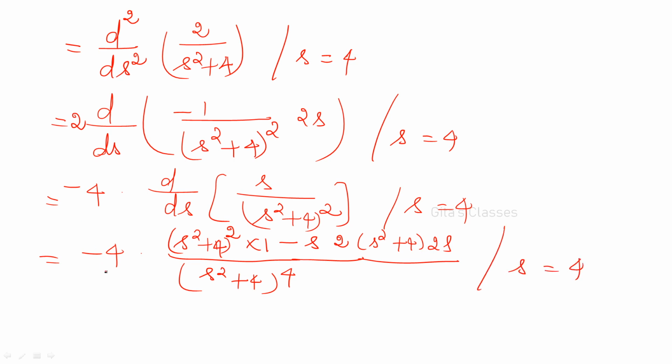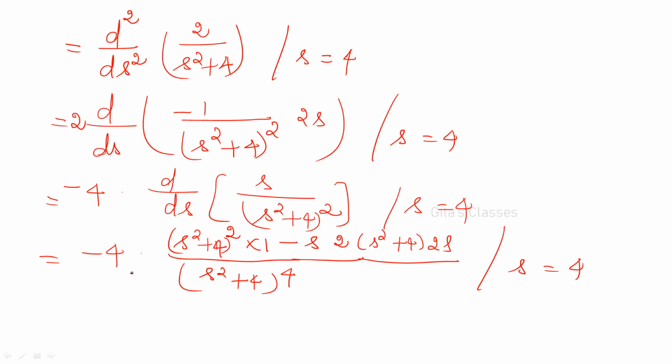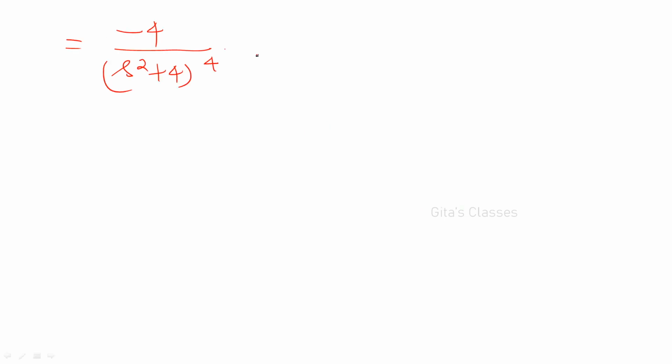That is minus 4 by s squared plus 4 the whole power 4 into, now you observe this numerator, here you have in the first term s squared plus 4 the whole squared, and second term also I have one s squared plus 4. So I am going to take it outside.